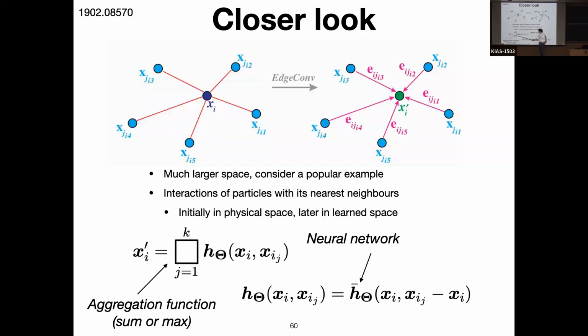And then we apply this block function. This is just a way of displaying an arbitrary aggregation function, so some function that is permutation invariant under its inputs. In the deep set architecture, we talked about sums. Sums are obviously invariant under the order of input. The maximum operation is also invariant under the inputs.